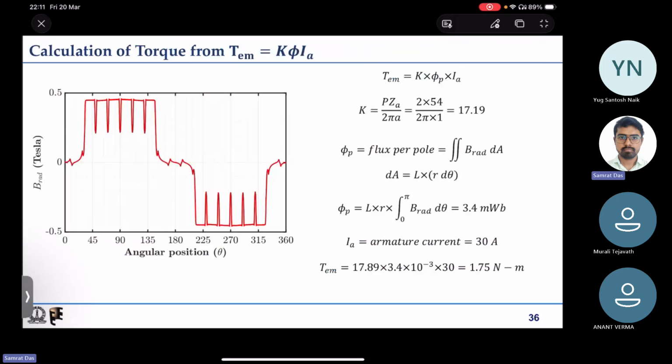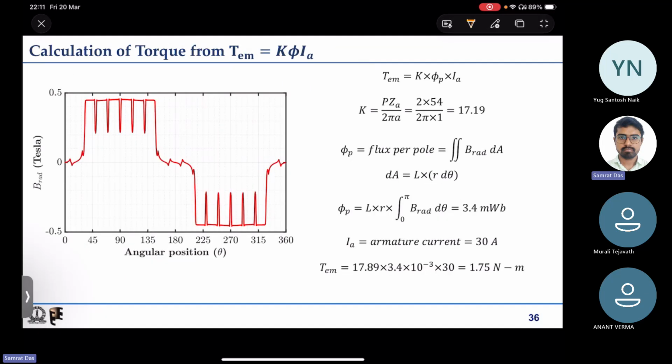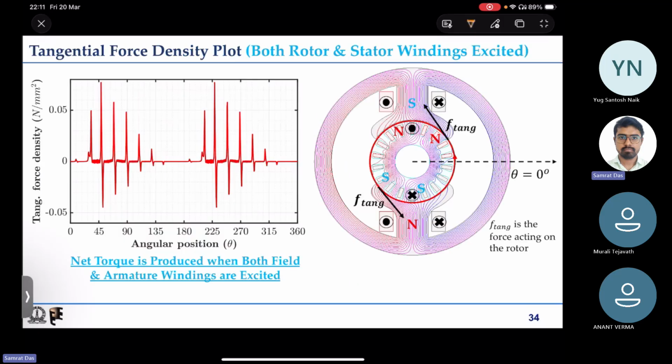So that's all for this lecture. We have discussed what happens if the field winding as well as the armature winding are excited, and how tangential forces and torque get produced in any electrical machine. The same explanation holds, and the same observations can be seen in other machines also, like induction or synchronous machines.